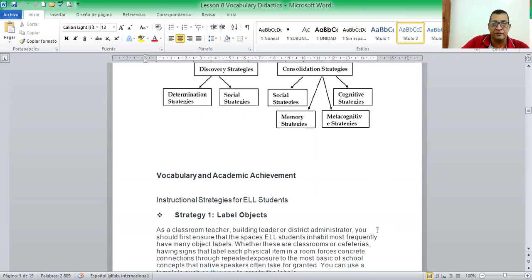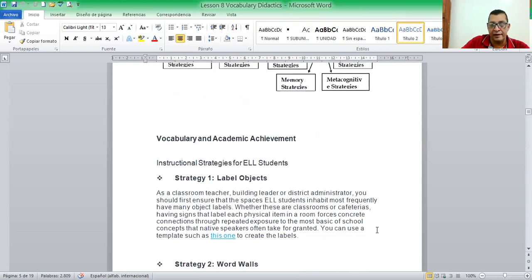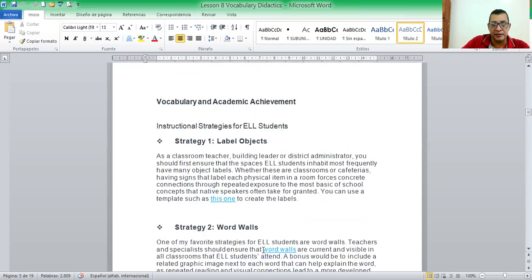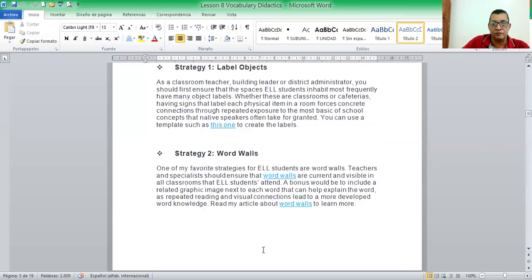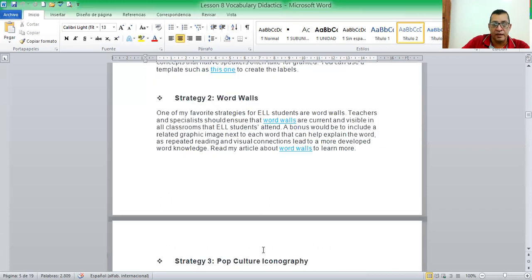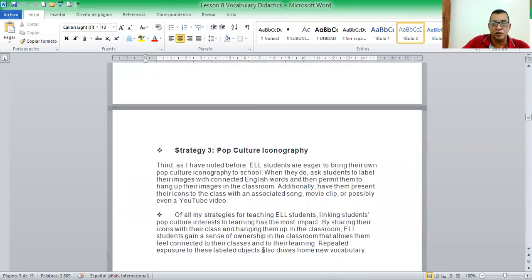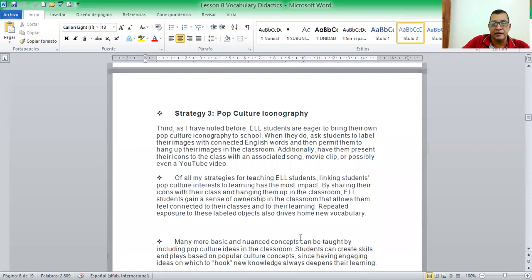Here we have also vocabulary and academic achievement, instructional strategies for ELL students. Strategy 1 is label objects. Strategy 2 is word walls, and strategy 3 is pop culture iconography.